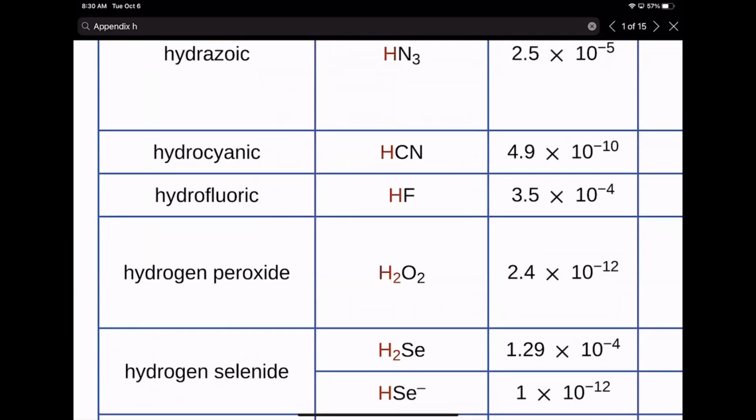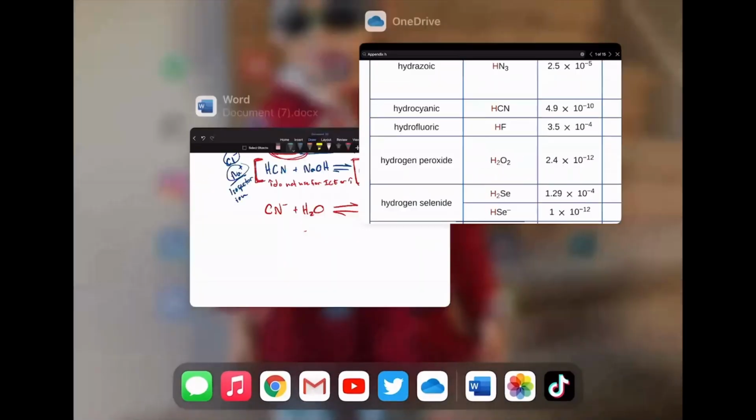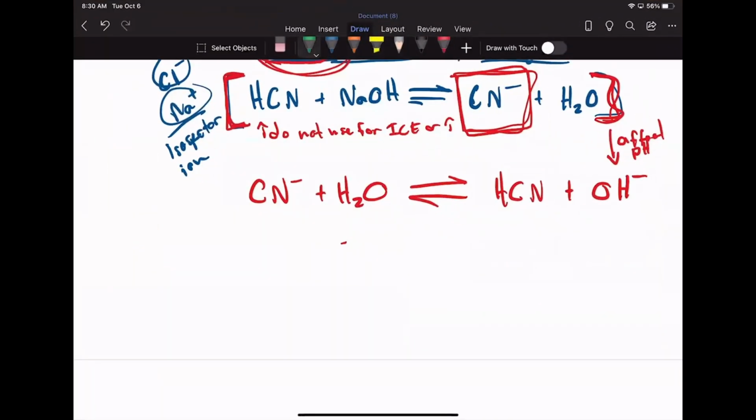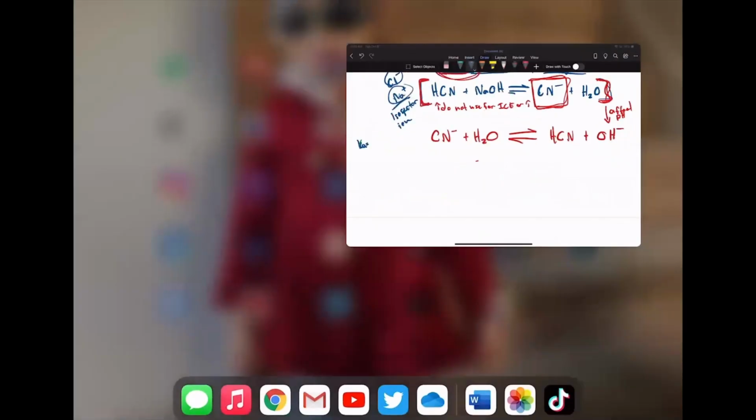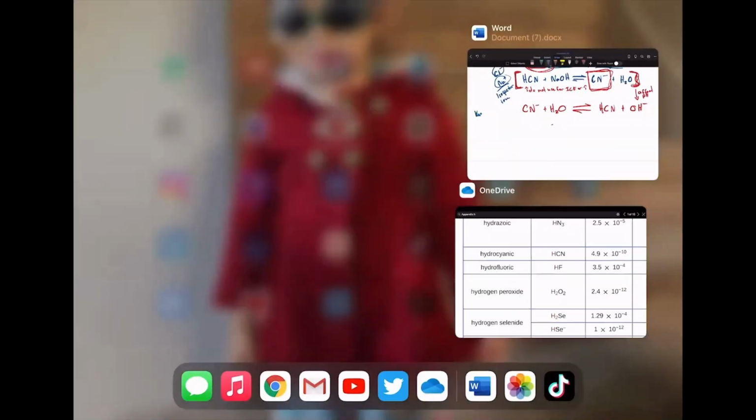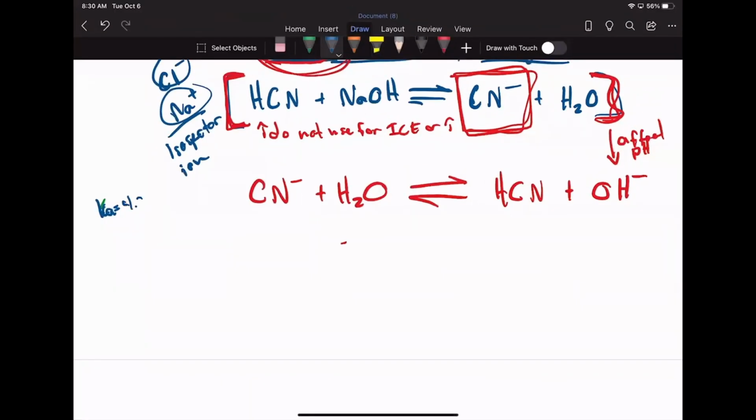4.9 times 10 to the minus 10. So the Ka is equal to 4.9 times 10 to the minus 10.